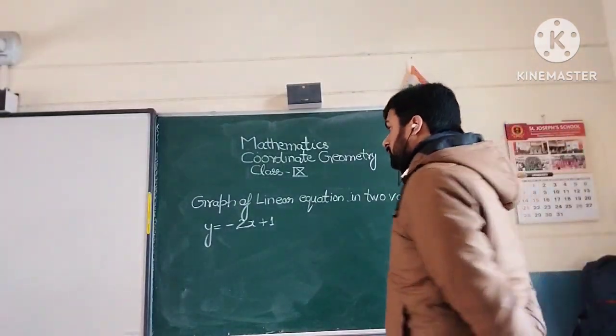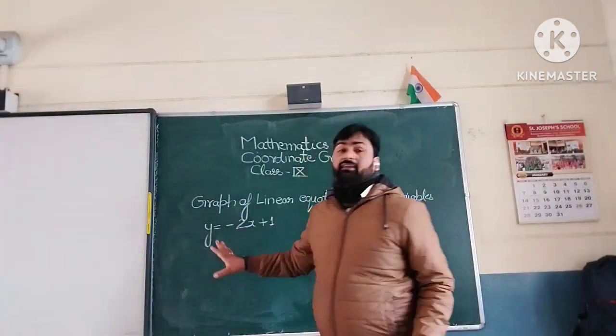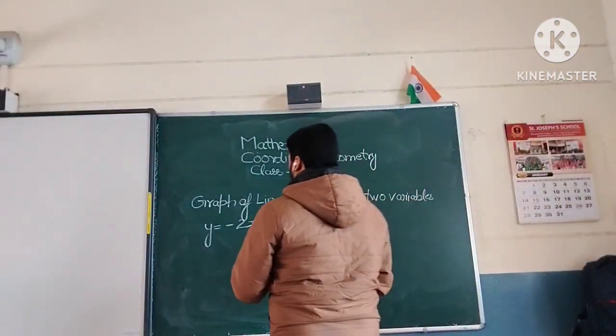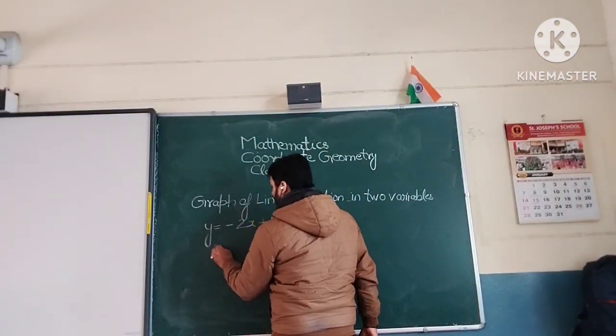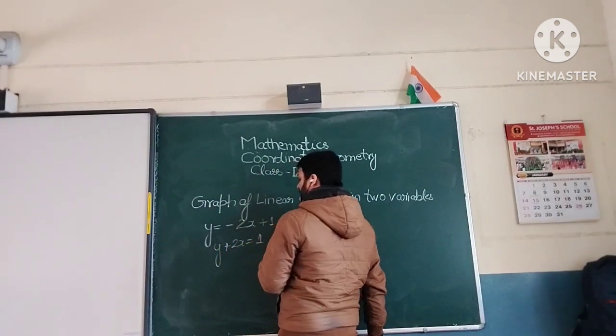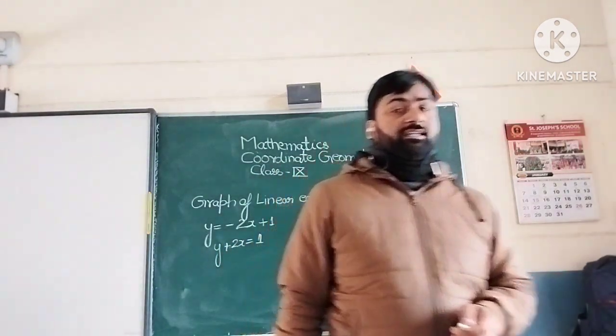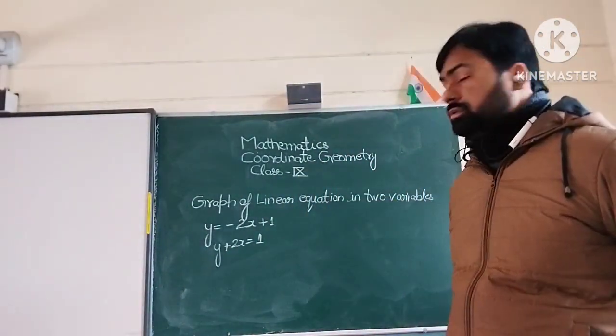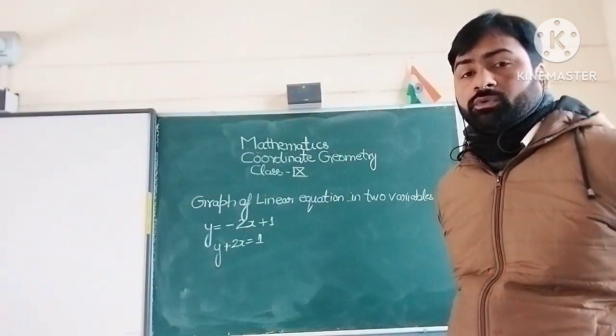Fine. Now, here we have got it in this format, but many questions you cannot get like this. Suppose we have got it this way: y plus 2x is equal to 1. Now tell me, if I write it like this, do you have the same freedom here? No. Is y the subject of the formula here?